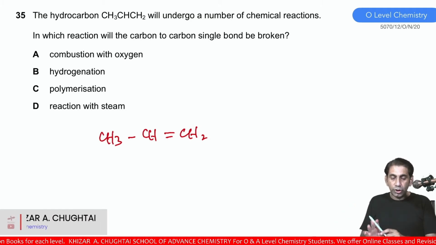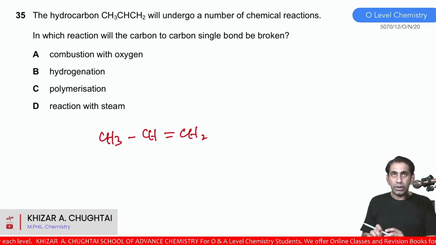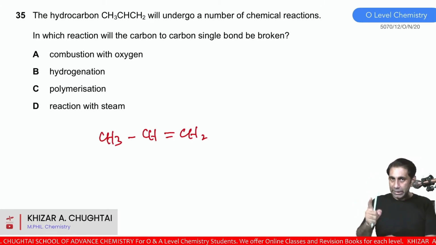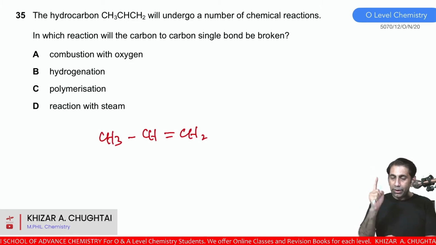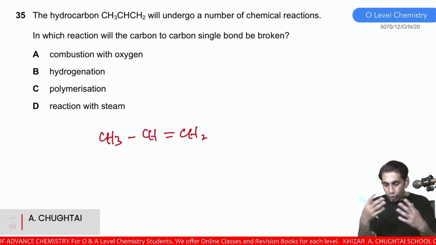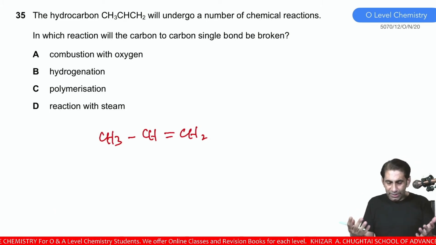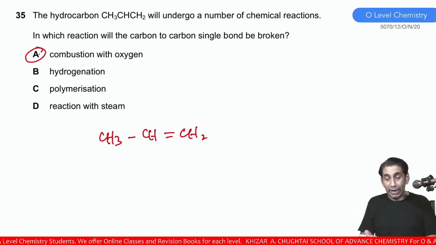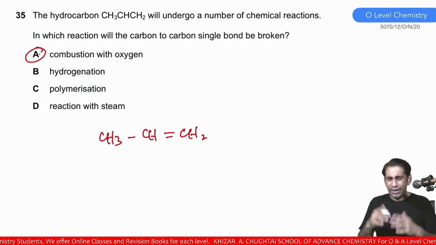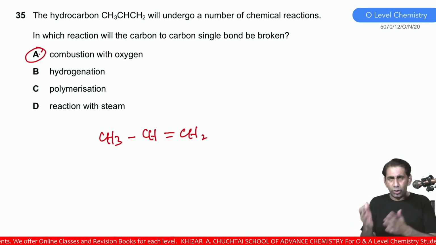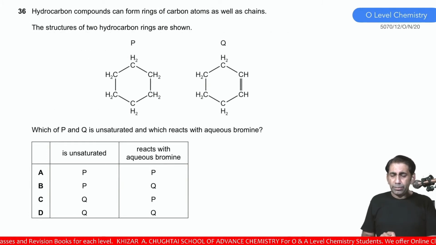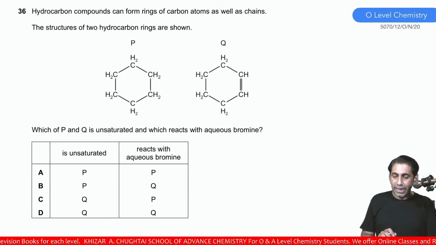The way in which its carbon-carbon single bond is broken is the one and only combustion. As far as the O-level chemistry syllabus is concerned, the carbon-carbon single bond is broken only in combustion, with a plentiful supply of oxygen, that is, reaction with oxygen at high temperature. Hydrocarbon compounds can form rings of carbon atoms as well as chains.